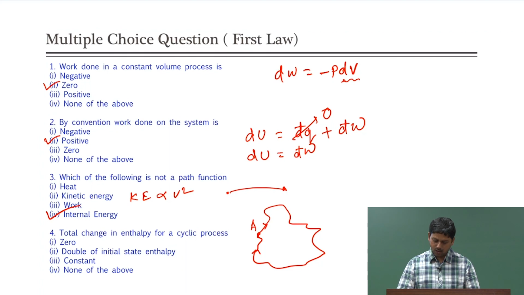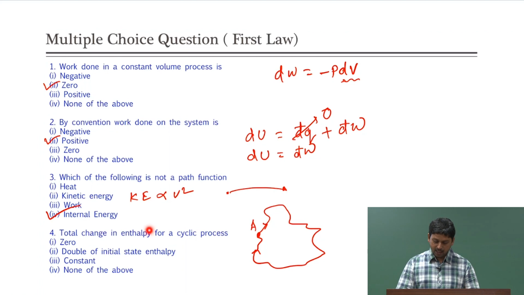Now, this question is slightly twisted in the sense that whenever you talk about a cyclic process, the change in the values of the state functions is going to be 0, because state functions depend on the state of the system and not the path. So, whichever path it takes does not matter; if it comes back to the same place, the state function change will be 0.